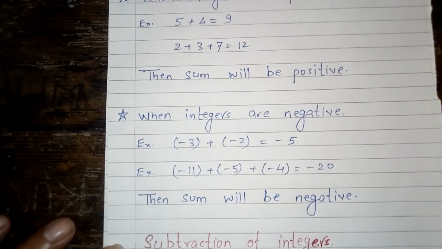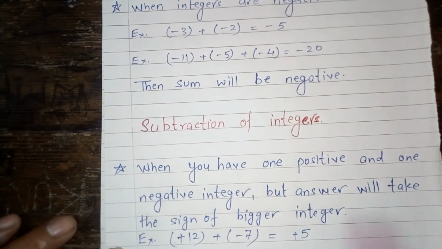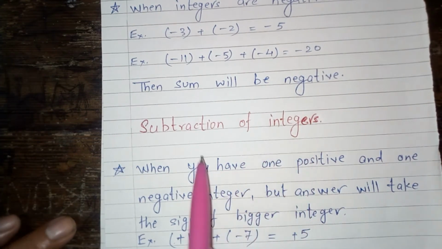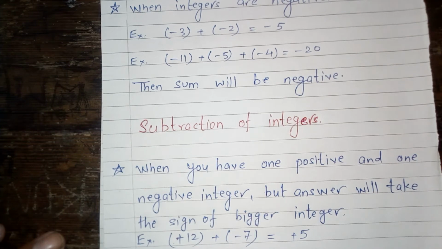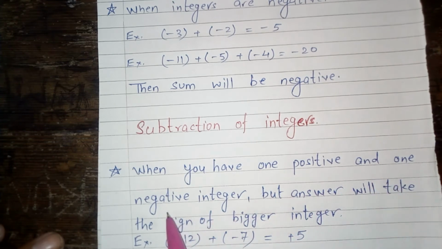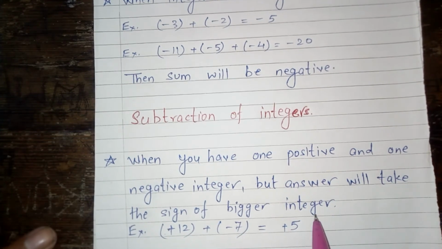Again, now let us discuss subtraction of integers. What is the meaning of subtraction? Now look here, suppose you have one positive and one negative integer, then the answer will take the sign of the bigger integer.